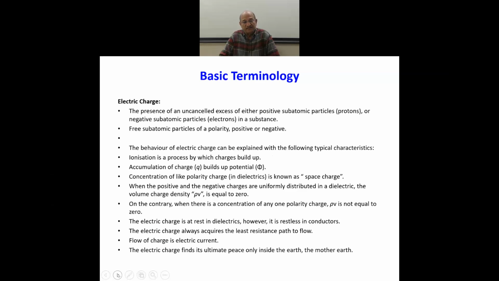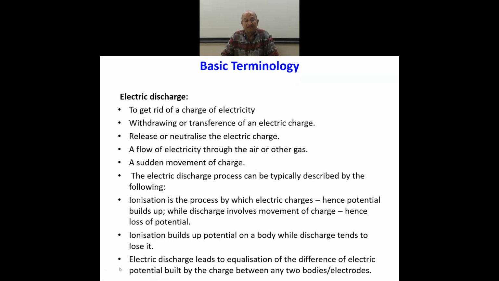A very typical phenomenon with electric charge is that it finds its ultimate peace only inside the earth, and that is why we call it the Mother Earth. Like any other waste, the Mother Earth absorbs the electrical waste also, because in a circuit the magnitude of the current does not change, but the magnitude of the potential drops.